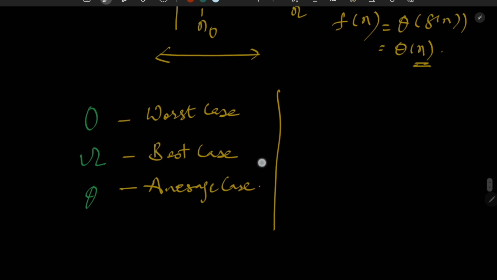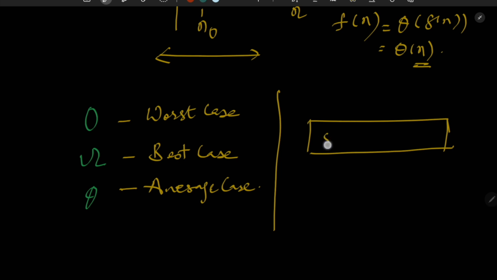So assume that we have an array of numbers. So let's say we have 5, then we have 2, then we have 1, then we have 7, then we have 3. And what we want is to find, for a value v in this array, if it is present or not. And the algorithm that we have implemented is linear search.